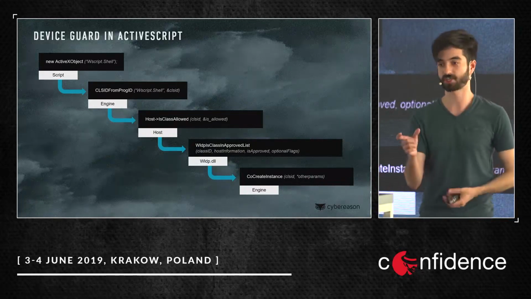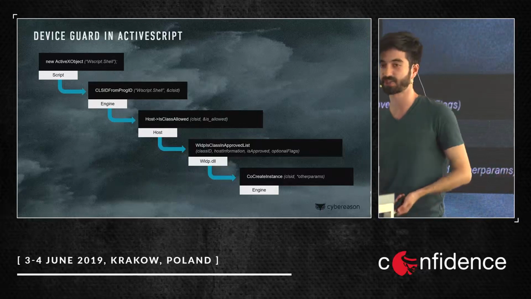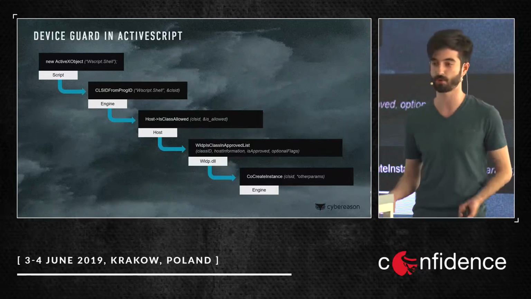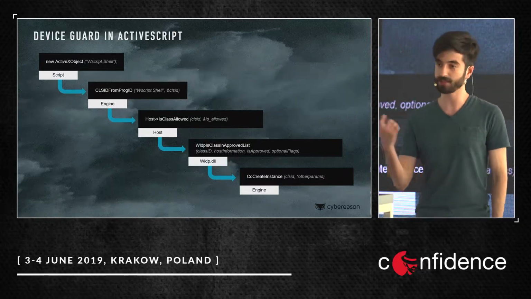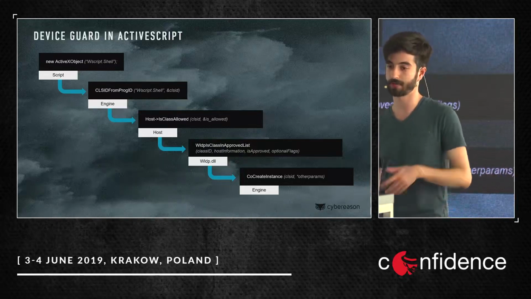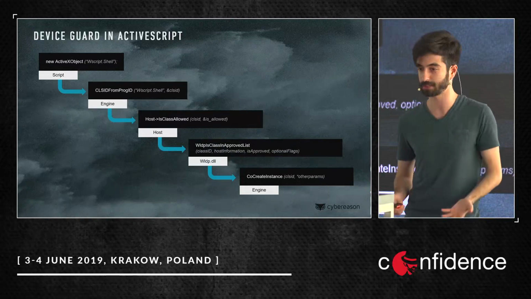Now, this wscript.shell goes into CLSIDFromProgID, which is a Windows API call that translates this friendly name into the class ID GUID of the same COM object. And this object is then passed on from the engine to the scripting host to a function called IsClassAllowed.